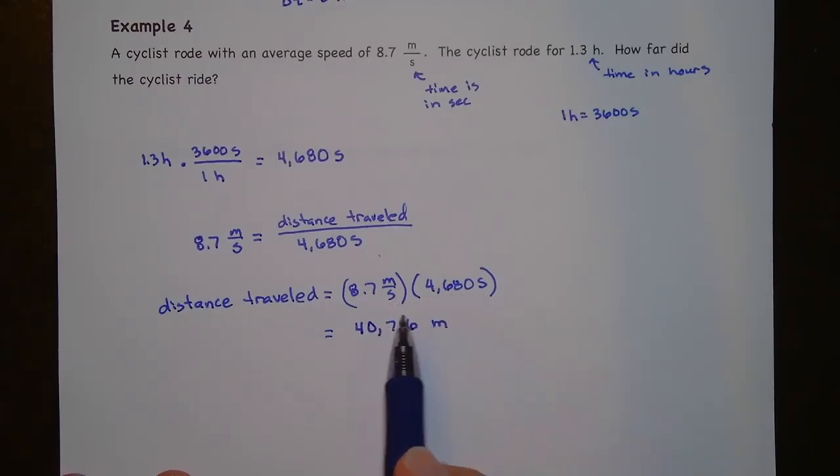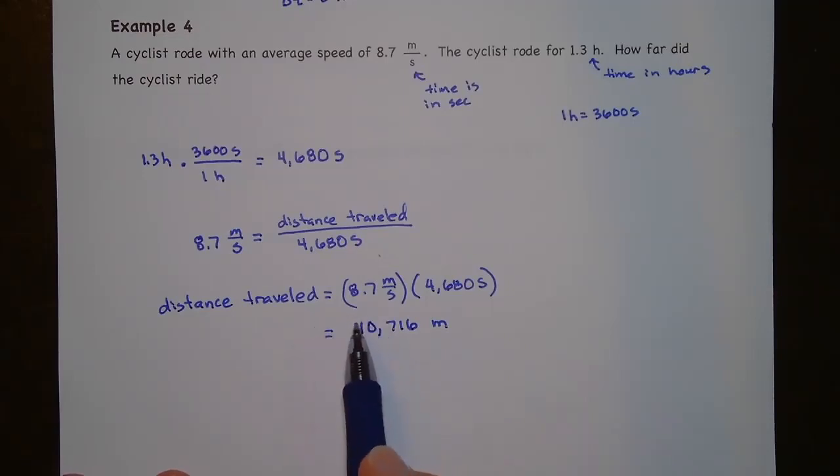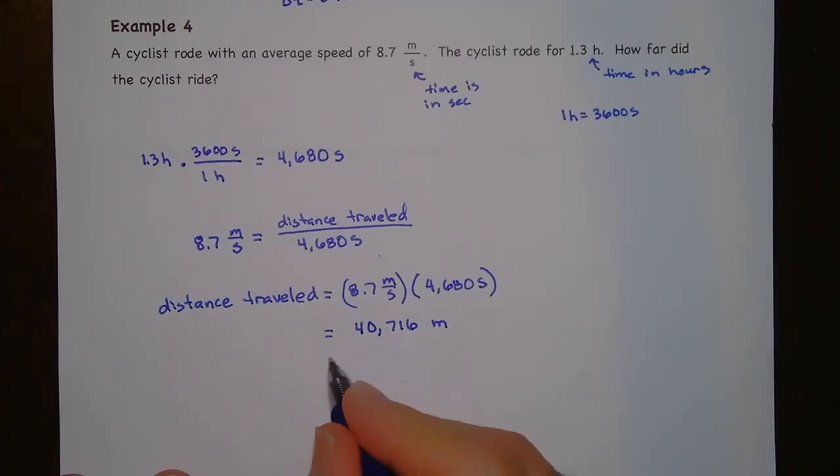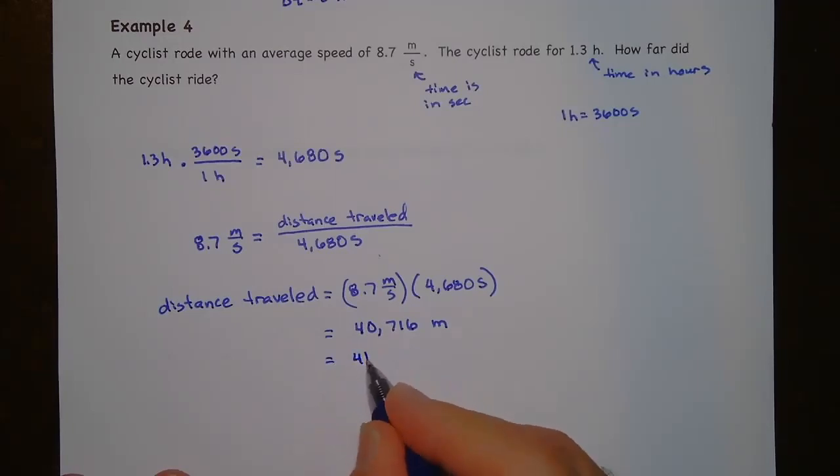Okay, now, like I said, we can only have, I didn't mean to say decimal places, 2 significant figures, because this one has 2 and this one has 3. So you always have to go with the least, which is 2. Okay, so here's this 4 is my first one. This 0 right here is my second one. The 7 is going to tell me to round this up. So we would answer this with 41,000 meters. And that would be approximately how far he traveled. Okay?